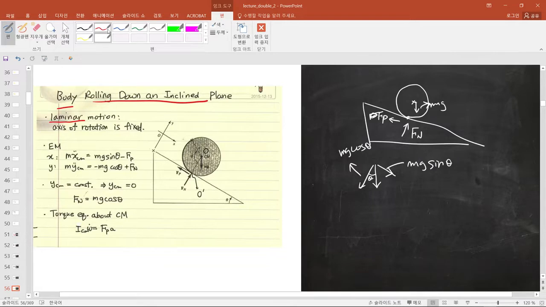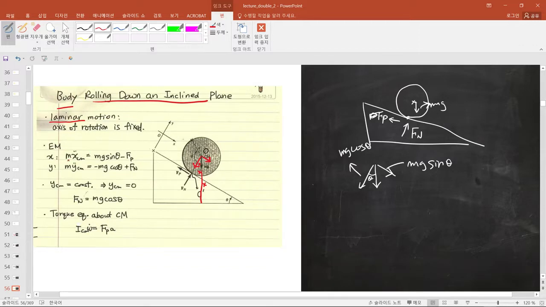You can see this if you extend this line: this angle plus this one is pi over 2, and this one and this one is pi over 2, but we know these angles are the same. So this is mg cosine theta and this one is mg sine theta.